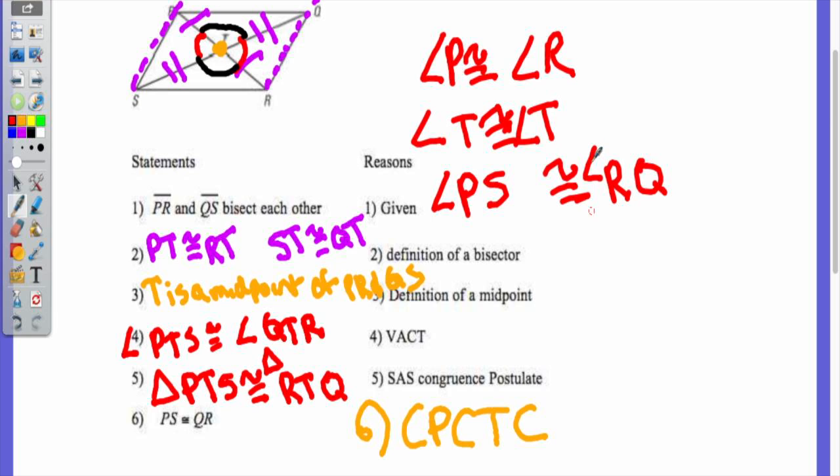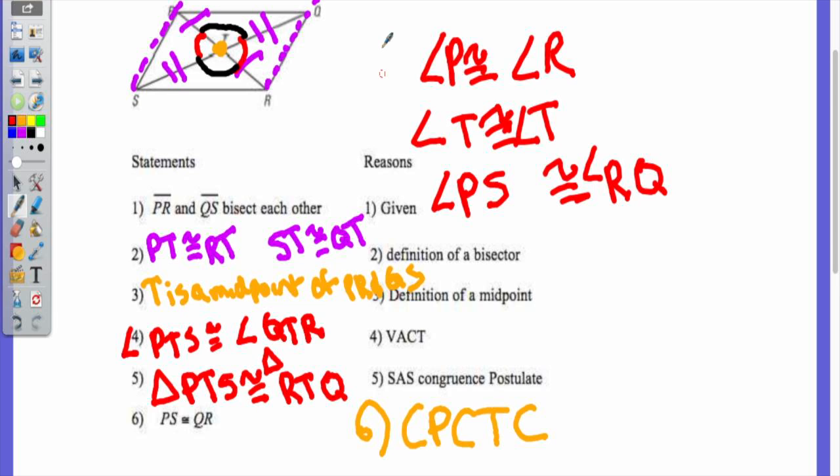Now, could I then do a bunch of steps that say that RQ is congruent to QR by the symmetric property? Okay? So when I do those 6 statements, what I was doing was writing 6 congruent statements.